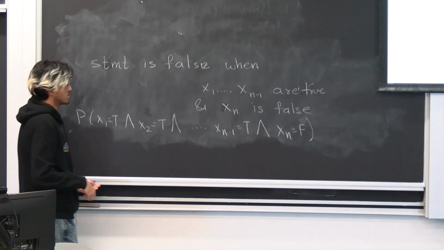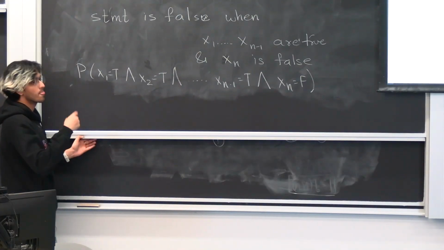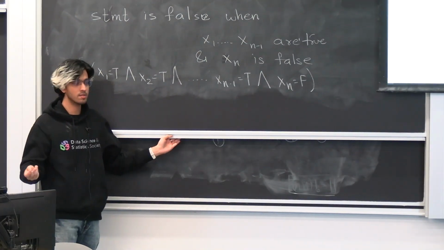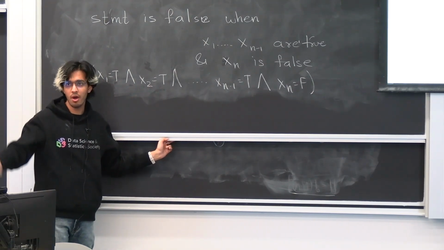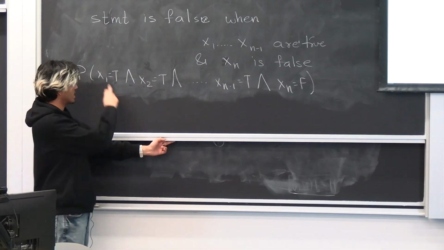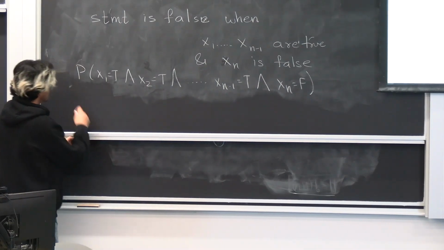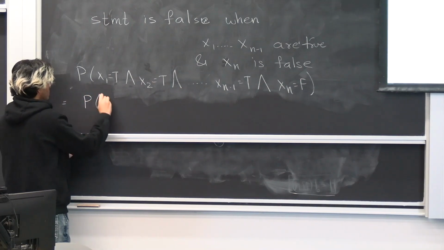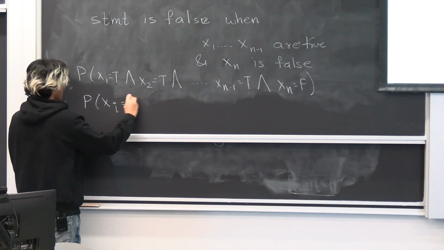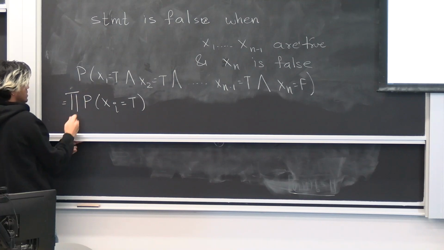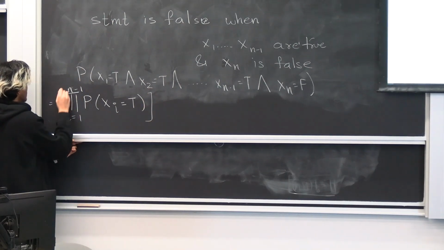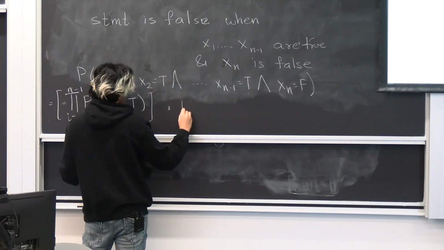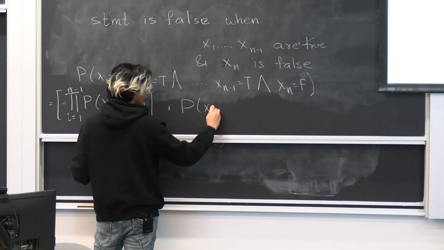P of x1 is equal to true times P of x2 is equal to true. Correct. By independence, the probability that x1 is true and x2 is true is equal to the product of the individual probabilities. So this probability is actually equal to the product of P of xi equals true, the massive product over all of these, n minus 1 of them, and finally times the probability that xn is false.